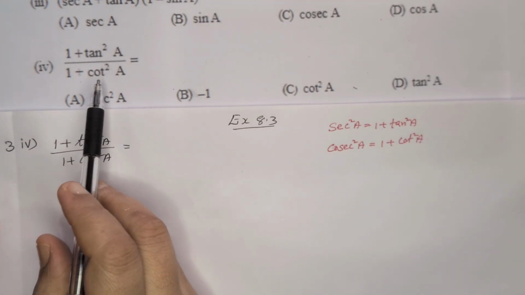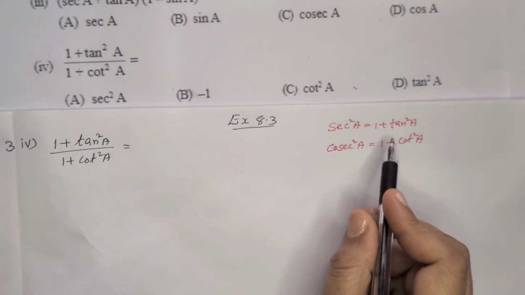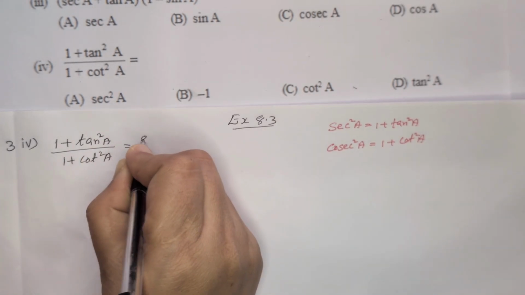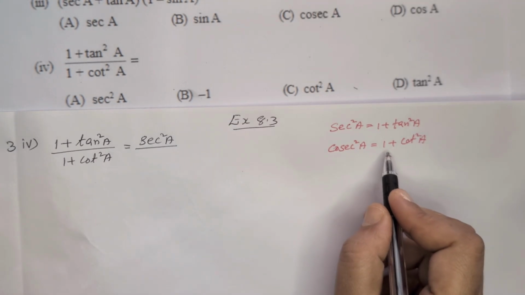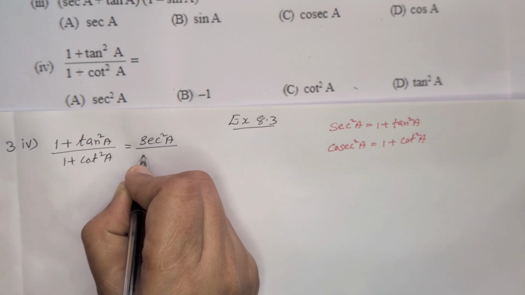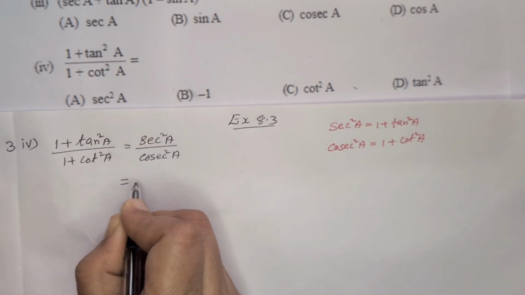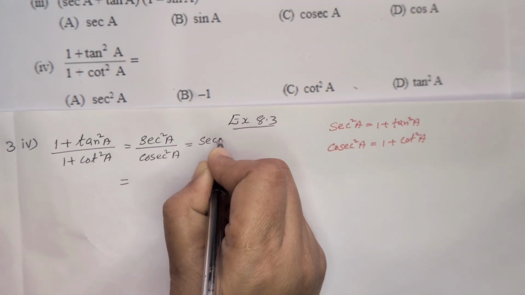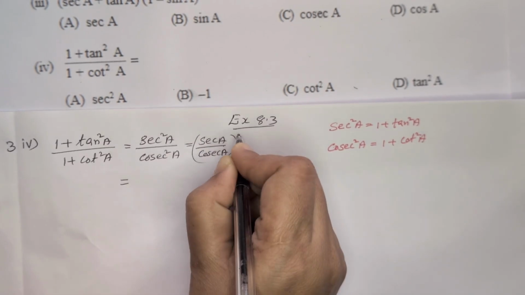Fourth one, 1 plus tan square A by 1 plus cot square A. By using the identity, 1 plus tan square A is equal to sec square A. So we can rewrite that as sec square A divided by, by the third identity, 1 plus cot square A is equal to cosec square A. So in place of this we can write cosec square A. Now that is equal to sec A by cosec A, the whole square.